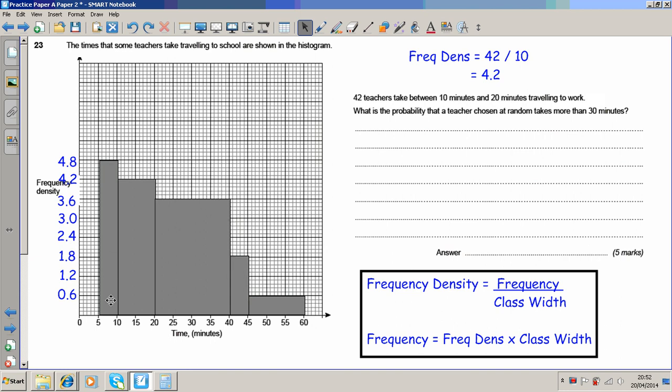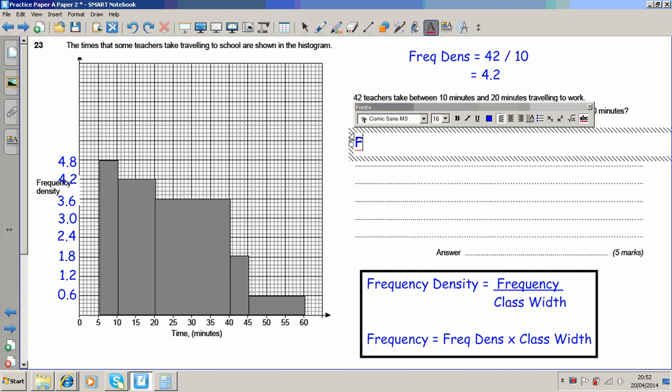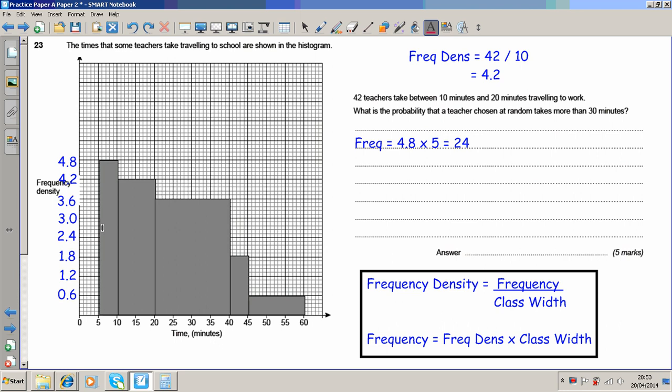Okay, so what we really need to know is how many teachers there are at the school. So for the first bit, the frequency between 5 and 10 is 4.8 frequency density times the width, 4.8 times 5, which is 24. So it's 24 in that first bar there. The second bar we already know is 42.